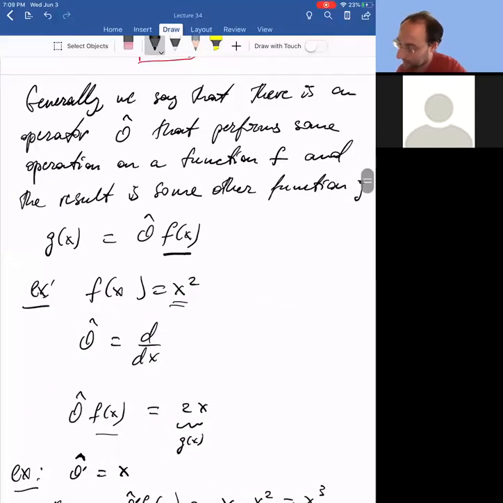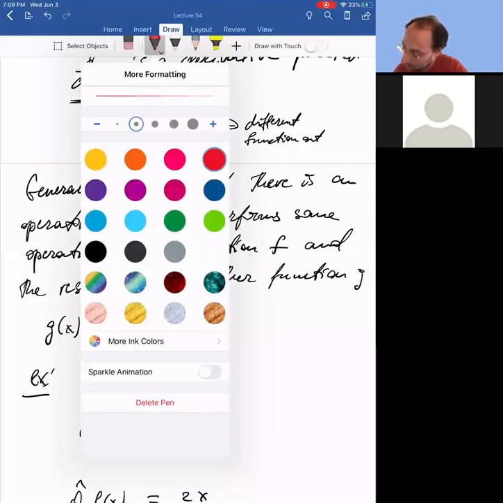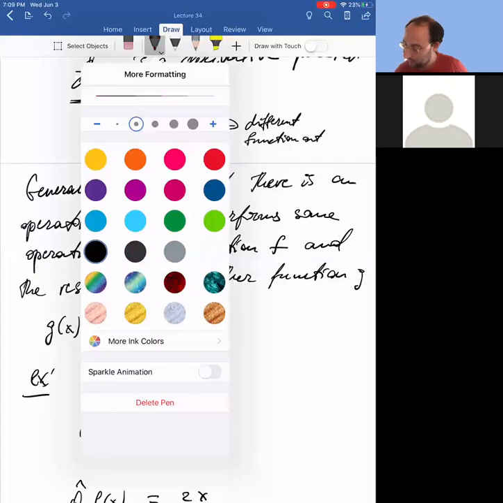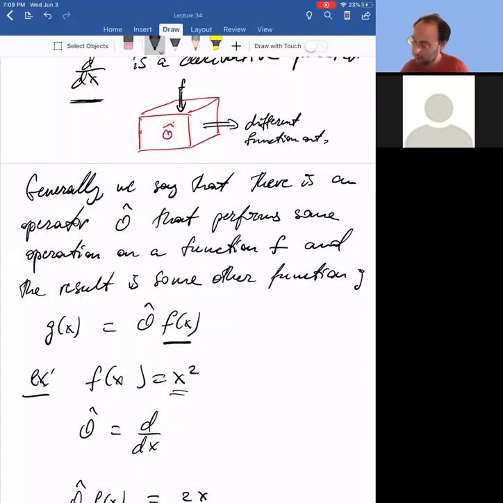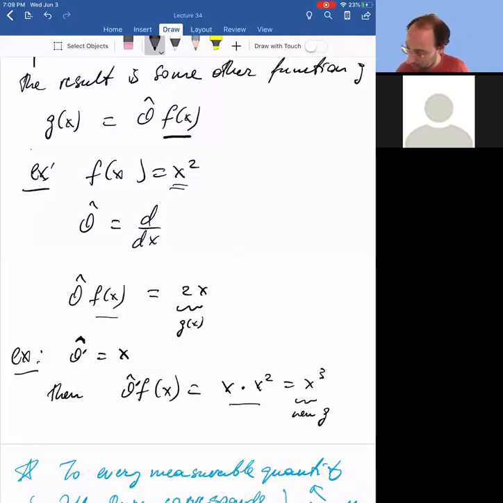I have some function f. It enters the operator, or I like to use the language, an operator hits the function f, and it spits out a different function g. Mathematically, you'd say g is the result of O hat operating on f.